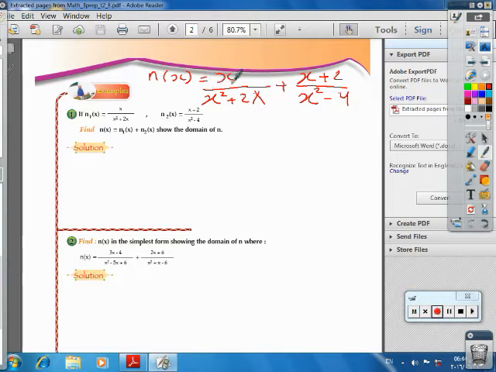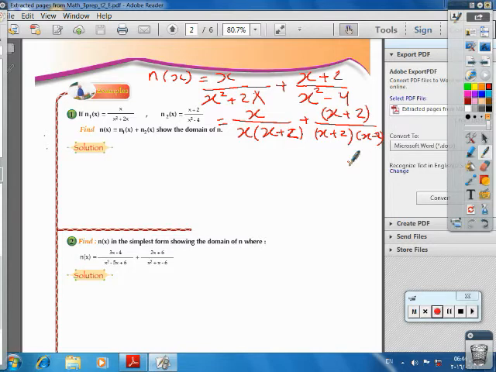Now the denominators are in the second degree, so we can factorize them. x over, we take x as HCF, x(x + 2), plus (x + 2) over, in this denominator we can factorize the difference between two squares, (x + 2)(x − 2).